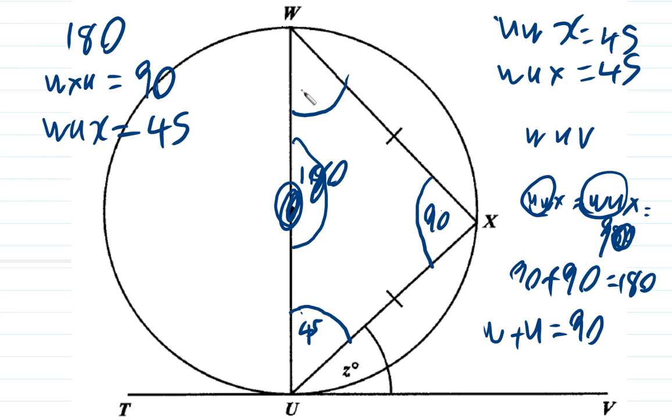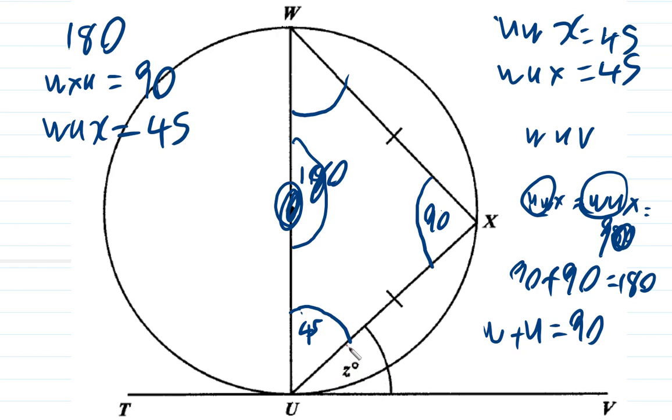Angles in the triangle add up to 180. So angle UWX and angle WUX must sum to 90. They are equal, so each of them is 45. And you say 90 minus 45 must be another 45, which equals Z.